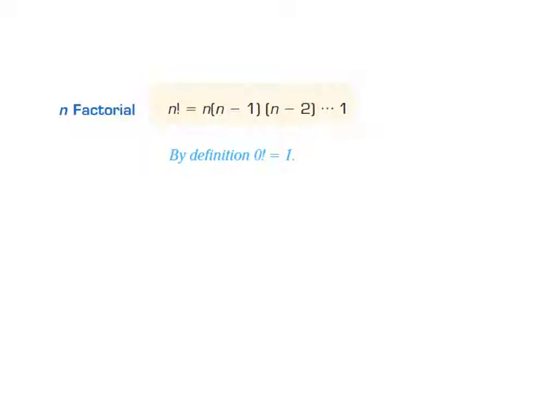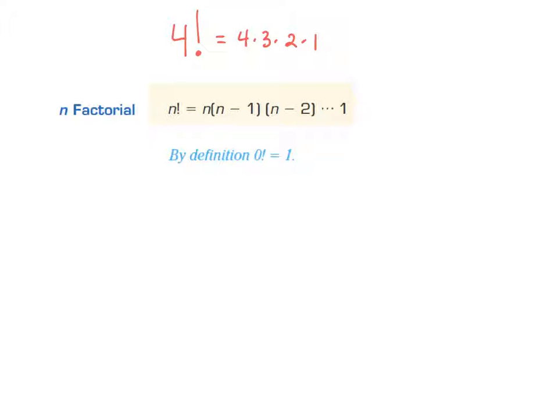A factorial is something like this. It's not 4! as excitement, it means 4 times 3 times 2 times 1. So that's called 4 factorial. N factorial, you start with n, then the next one's n minus 1, and the one after that is n minus 2, and it goes all the way until 1.